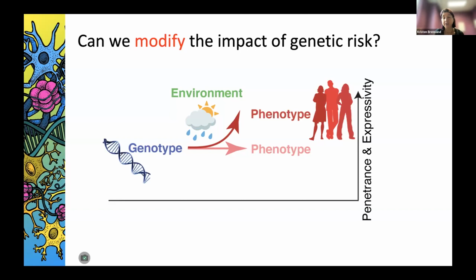In the context of neurodegenerative disease, aging can make phenotypes more severe. And it goes without saying that if there are environments that might make phenotypes more severe, there might also be environments that make them less severe. And these are the questions that I'm really interested in. How do we modify the relationship between the DNA that we're born with and the clinical impact?